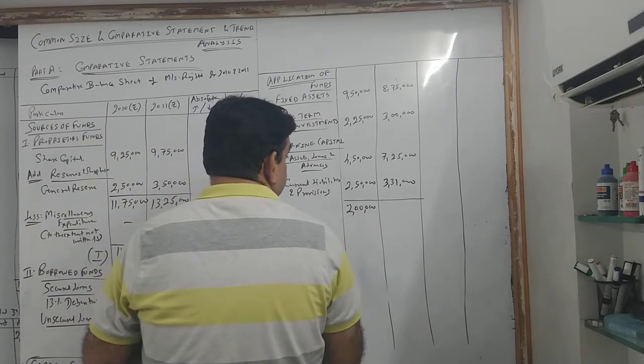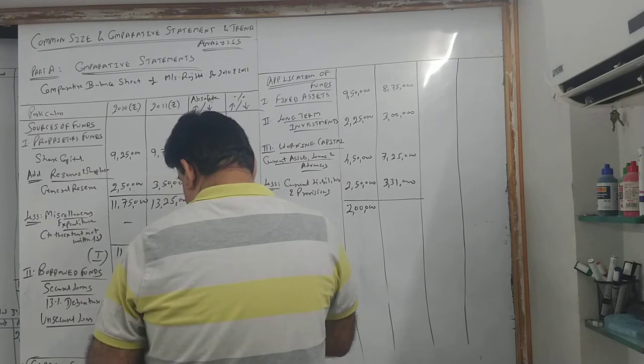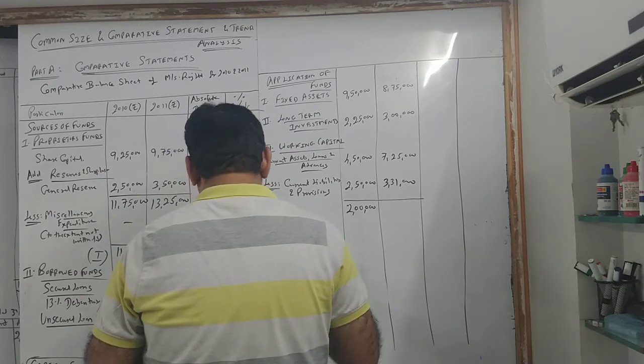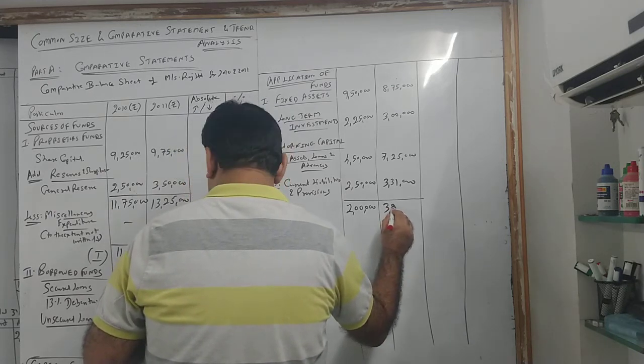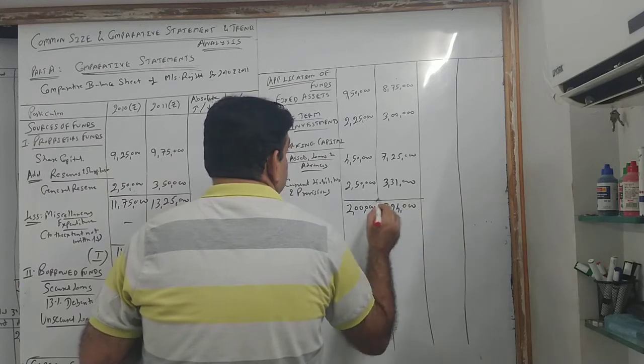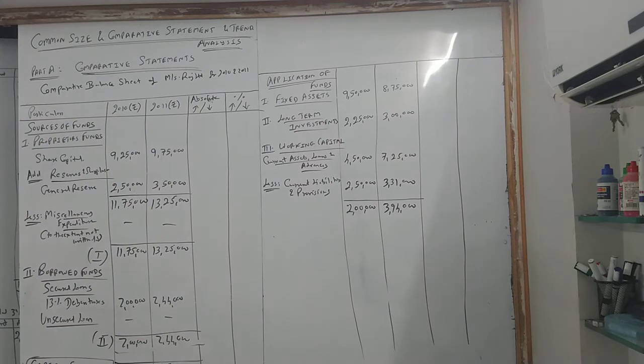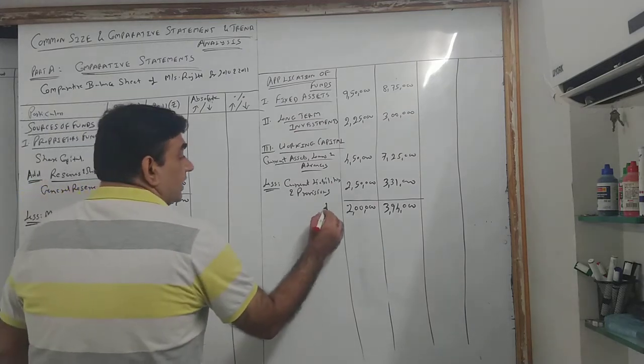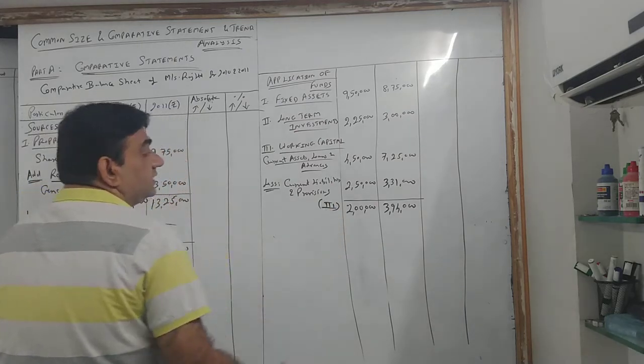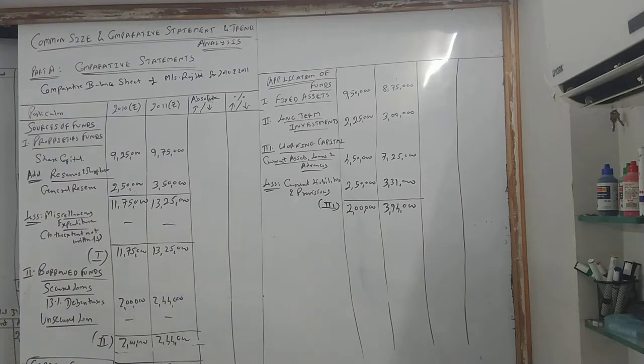Take the difference, that is 2 lakhs. So 725 minus 331, 3,94,000 is my working capital. Okay, this is my answer 3, that is working capital.